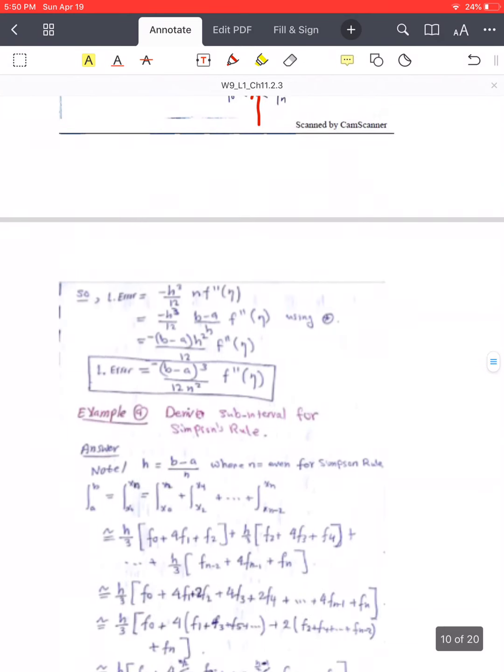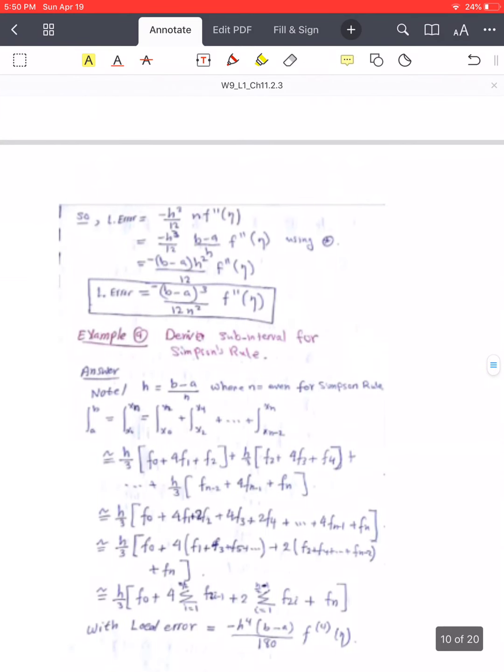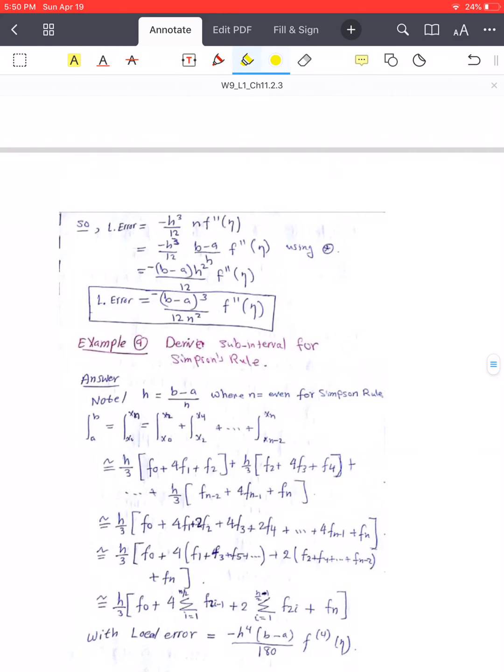If we go to the next page, what is the error now? Here it is n, and as before, minus h squared times this term. We can use either n or h, so replace n by b minus a divided by h, and here is the whole error for the composite rule.